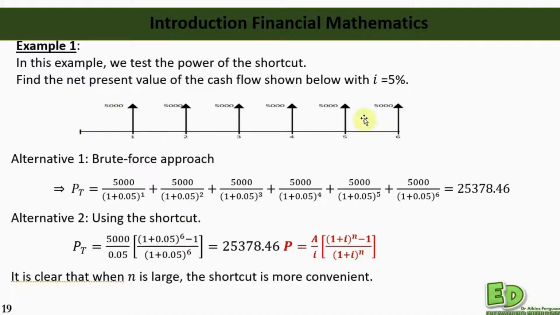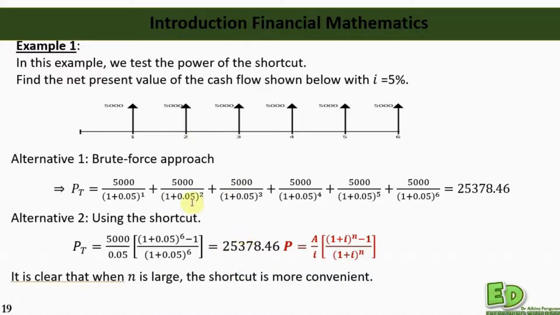You are taking it for 6 years, so basically n is 6. Or how many steps do you have to move from year 6 back to year 0? Because year 0 is the present value. So it is 1, 2, 3, 4, 5, 6. You move 6 times. That's why n is 6 here. Or when you count it, it is 6 years. So you have the same answer.